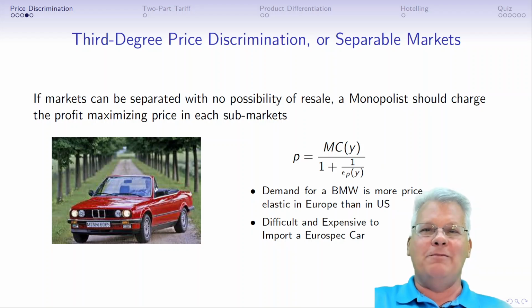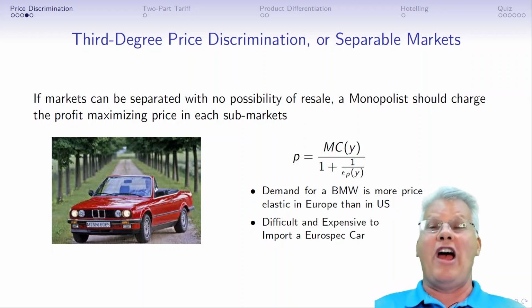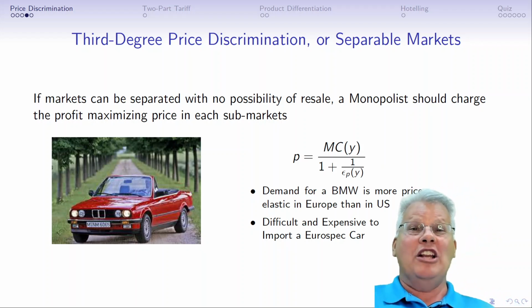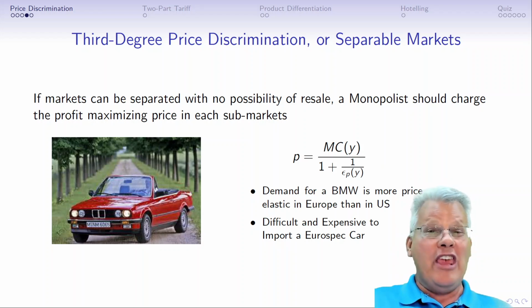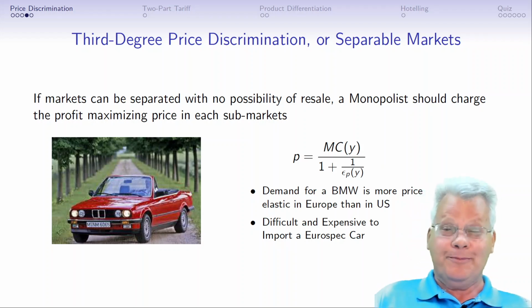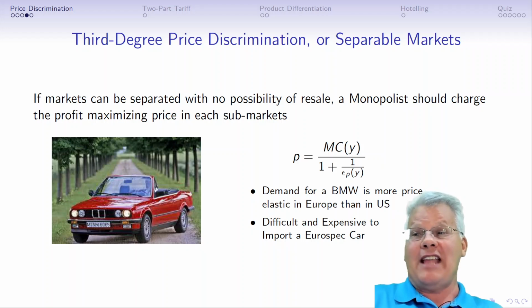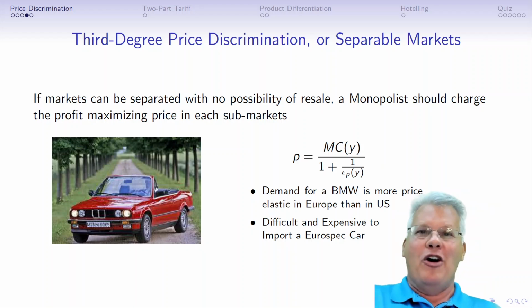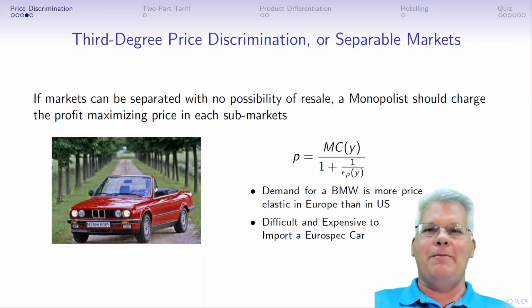Their motto was, "BMW is the ultimate driving machine," right? So when I was a college kid, if you wanted to be super, super cool, the car to have was the BMW. So Americans had a higher willingness to pay.